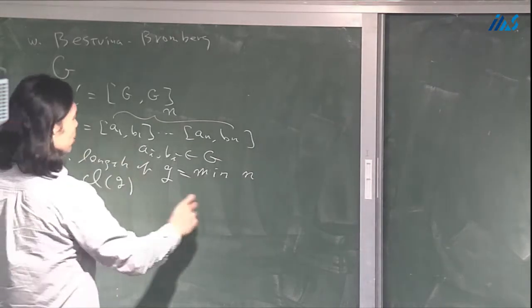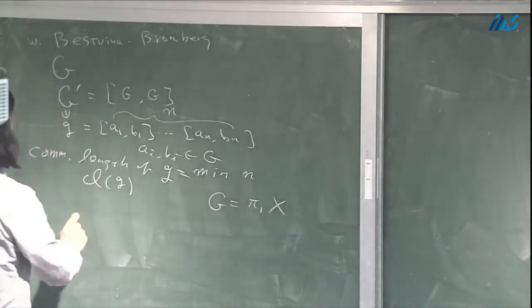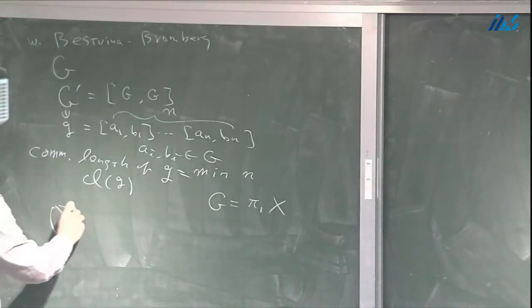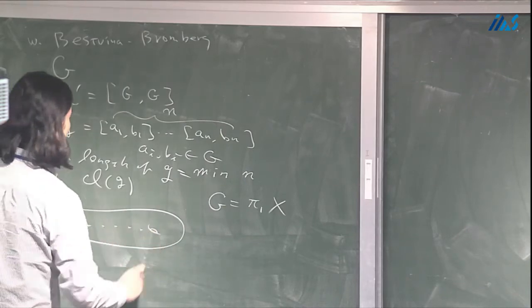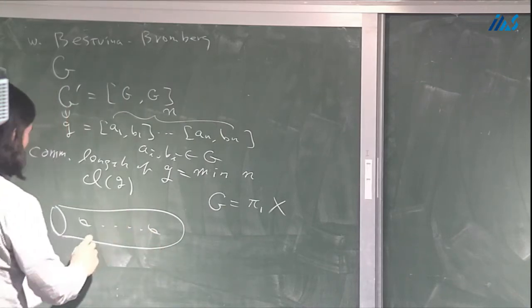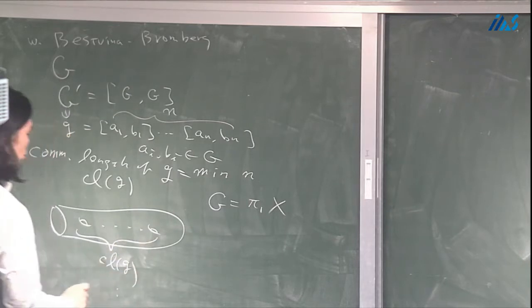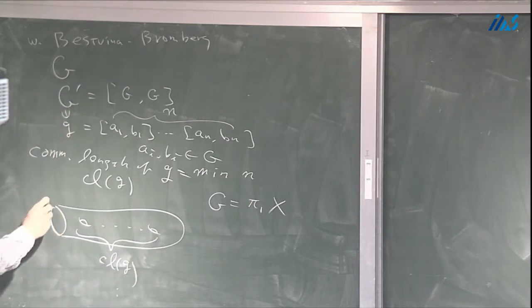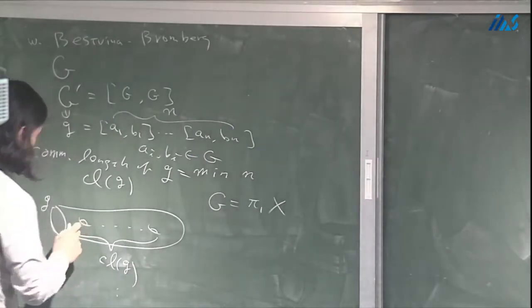Topologically, imagine that your G is a pi 1 of some space X. I just draw a picture like this. You have a surface of genus n, which is exactly the commutator length of g, and this boundary curve is for g, and then you have a_i and b_i in the standard position.